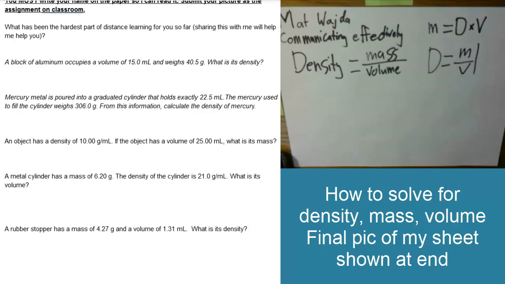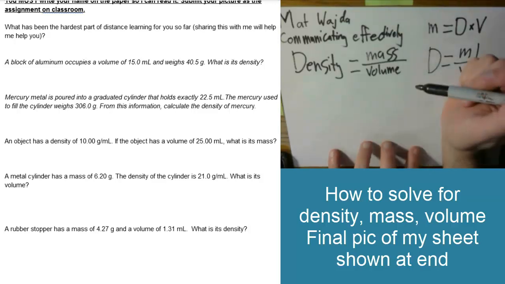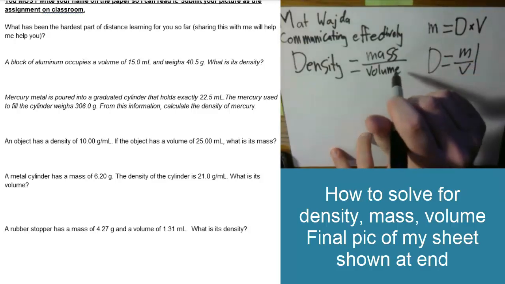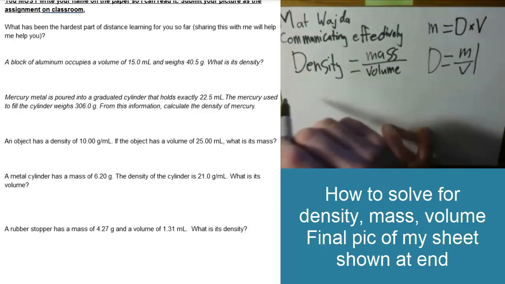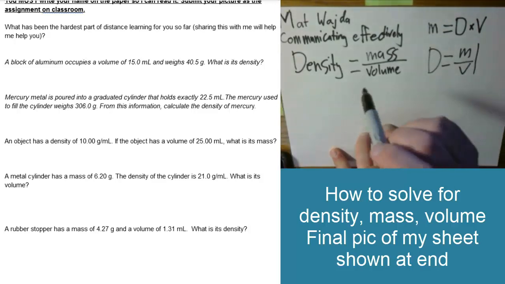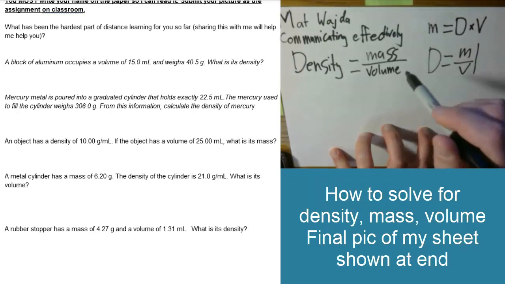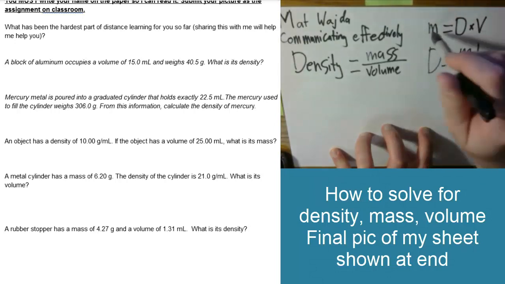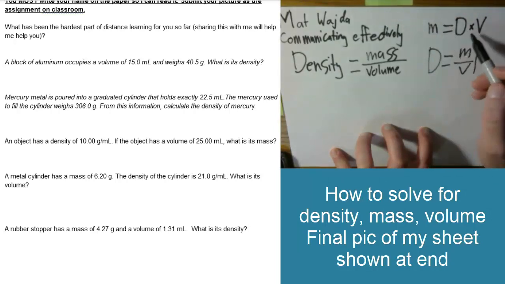Okay, so now we have mass and we have density. How about volume? Volume would take 2 steps. You would have to move volume over the same way as before, so multiply, and that would give you density times volume equals mass, which we have right here already, M equals D times V. We want volume by itself now, so we would need to divide both sides by density, and that would mean mass is divided by density.